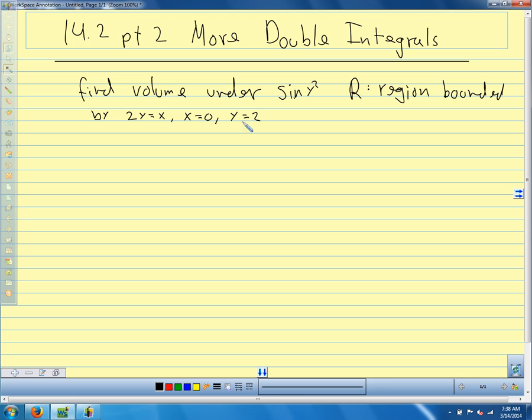I'm not going to go through the setup, but we find that we can evaluate this double integral from 0 to 4, from x over 2 to 2 of sine y squared dy dx.